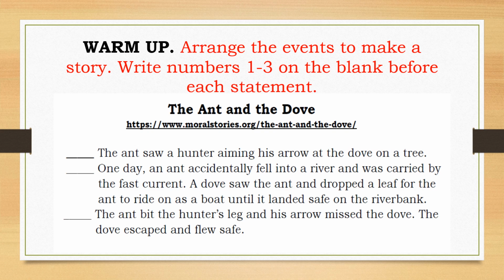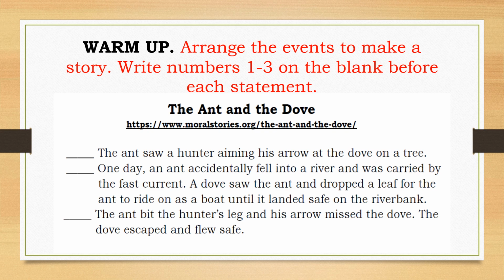Everyone, please read. The ant saw a hunter aiming his arrow at the dove on a tree. One day, an ant accidentally fell into a river and was carried by the fast current. A dove saw the ant and dropped a leaf for the ant to ride on as a boat until it landed safe on the riverbank.